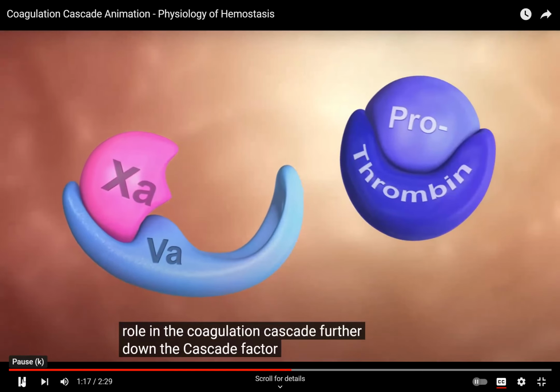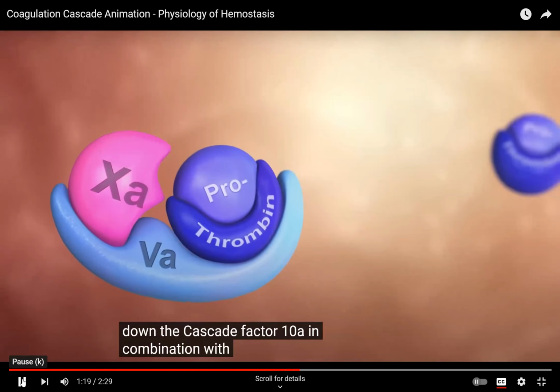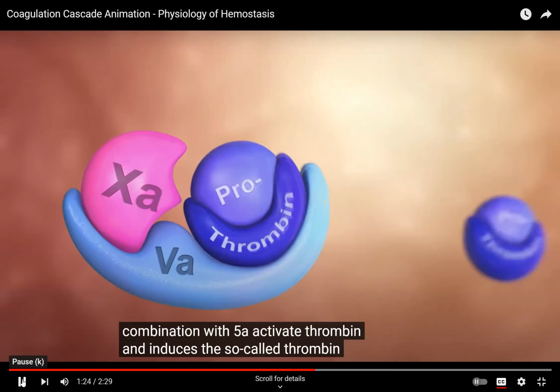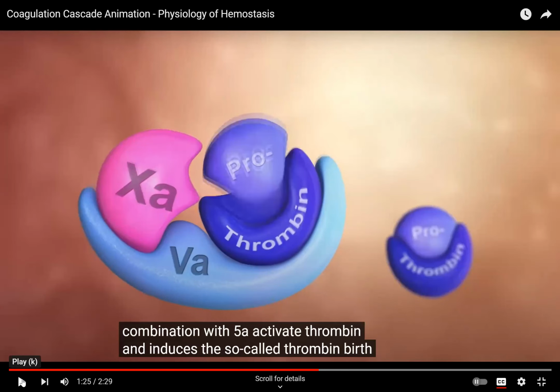Further down the cascade, factor 10A, in combination with 5A, activates thrombin and induces the so-called thrombin burst. This is where heparin comes in. Heparin is a thrombin inhibitor, so heparin will stop this from happening.